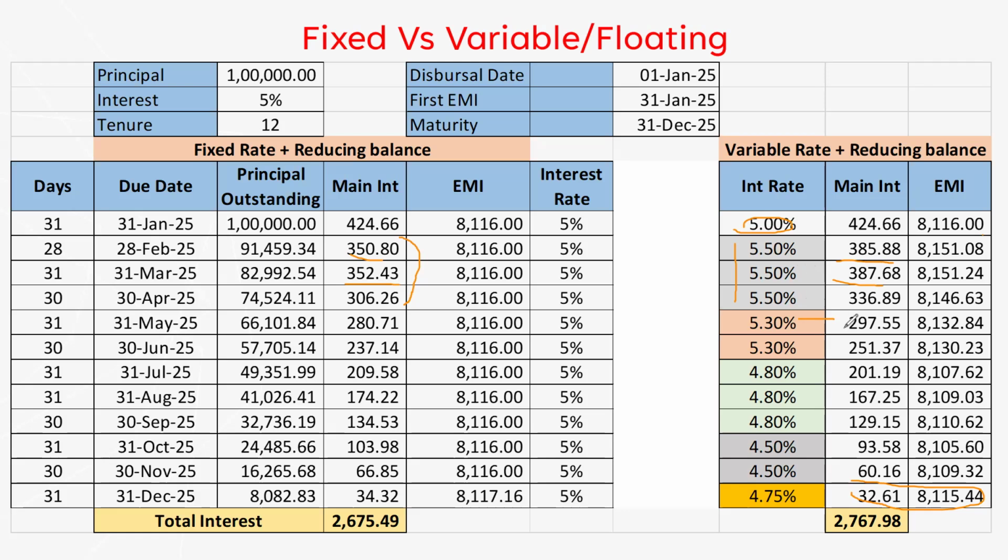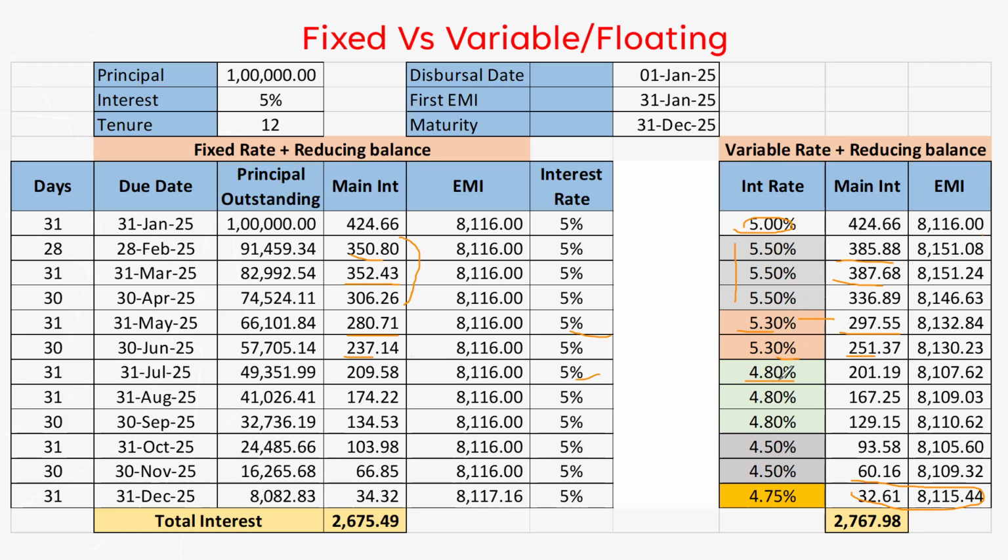So here the interest amount has changed a little compared to here. It is still higher because here it is 5%, and this is 5.3%. And the next month again the customer is paying an additional amount here compared to here. And then here it is 4.8%, here it is 5%, here 4.8%.